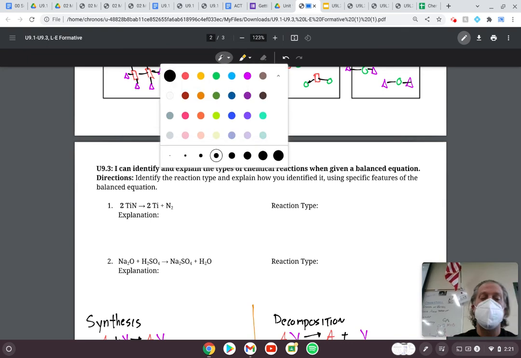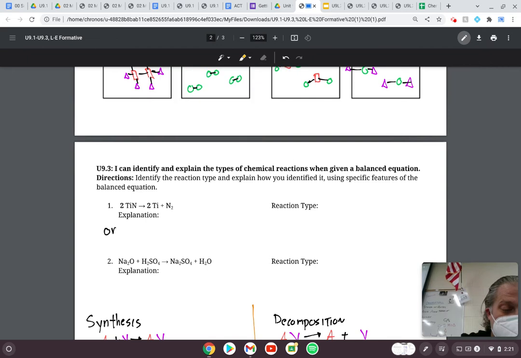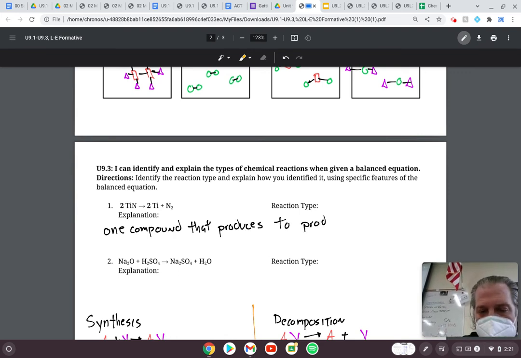So in this instance here, in number 1, I have 1 compound that produces 2 products. And that's it. So like 1 compound produces 2 products.